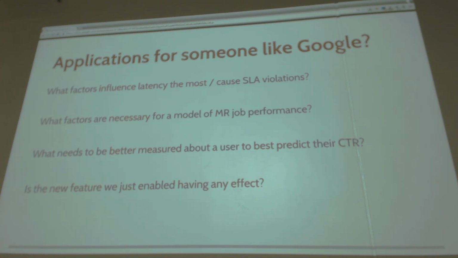So what factors cause latency spikes? For example, is it because people are trying to download big files, or is it because they're trying to access this from a remote data center? Or is it because they're using an old version of your API? Or, I don't know, something else.